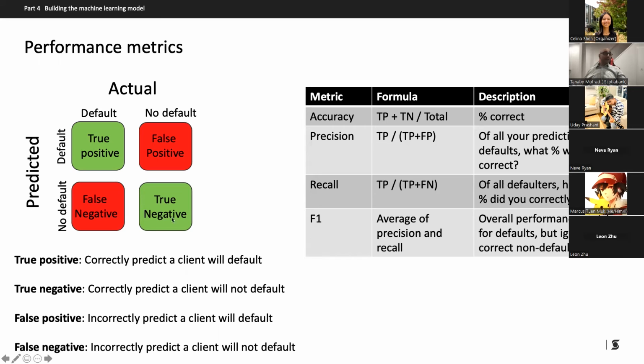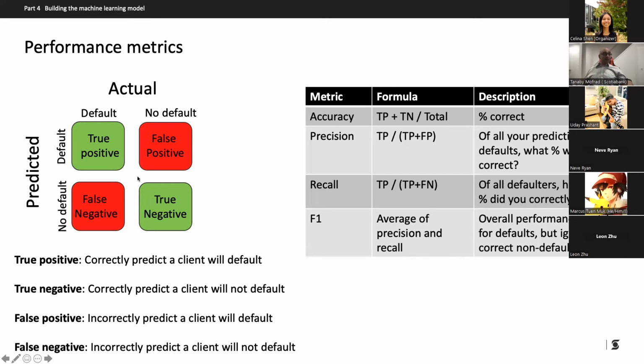True negative is, again, if an actual person has not defaulted and the model has done a good job in predicting that as well. Then we have false positives and false negatives. If the actual person has not defaulted, but the model by mistake predicts default, and the other way around: if the actual person has defaulted, the model by mistake says not default.